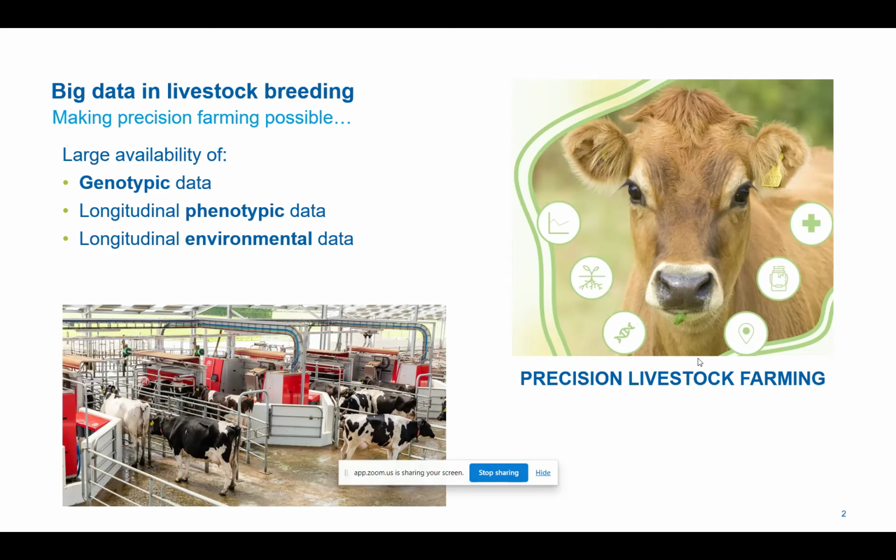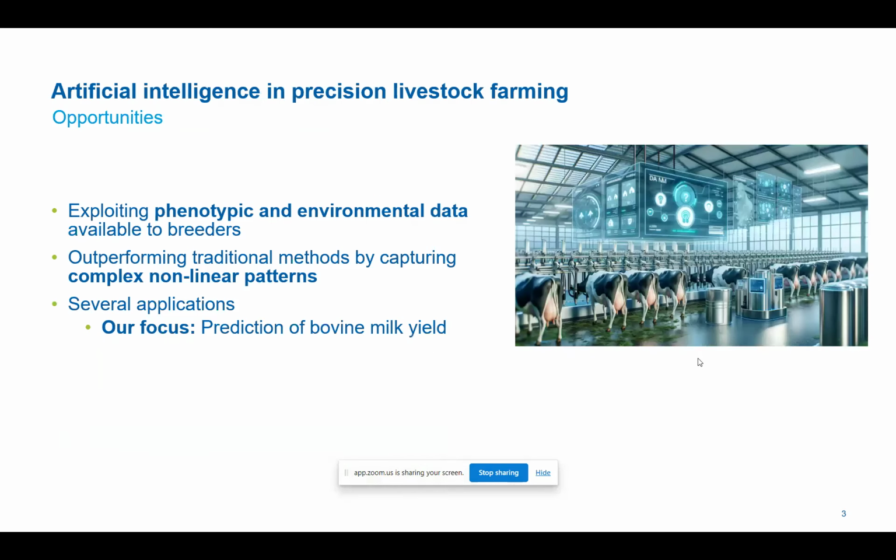So as you know, there is a large availability on farms, within the herd, of phenotypic data that is continuously collected, for instance, by automatic milking systems that also collect environmental data. So there is a lot of data available to farms that can be exploited towards the achievement of precision livestock. And when you have a lot of data, you can think about using artificial intelligence to make sense of it and really leverage its potential, which, as I was saying, is sometimes not fully exploited.